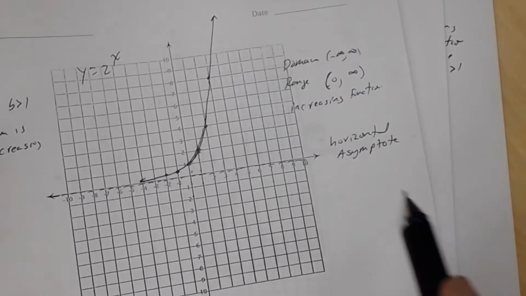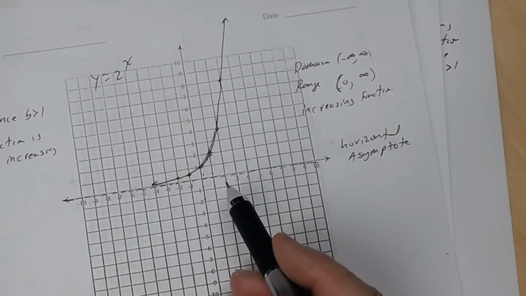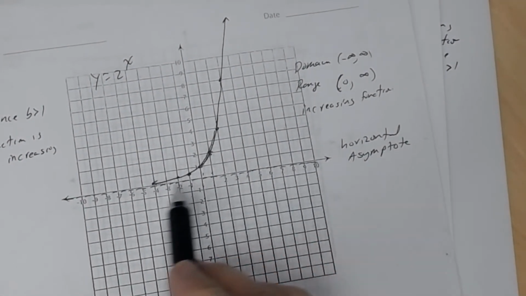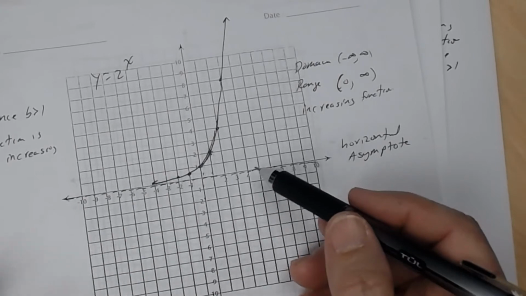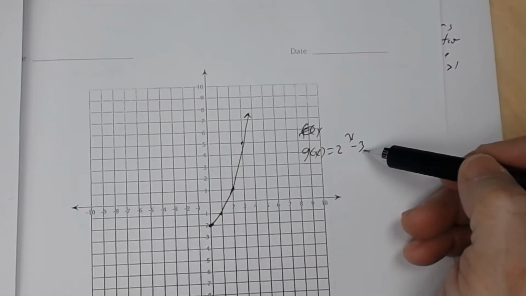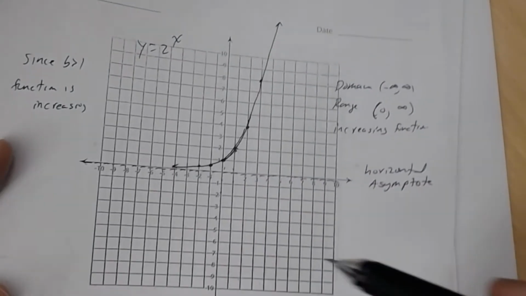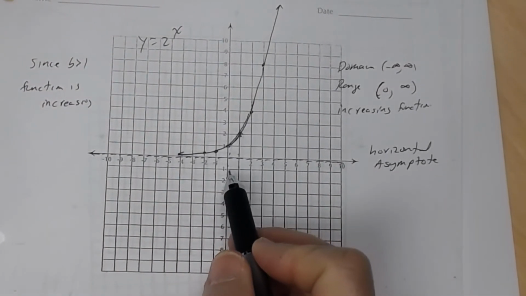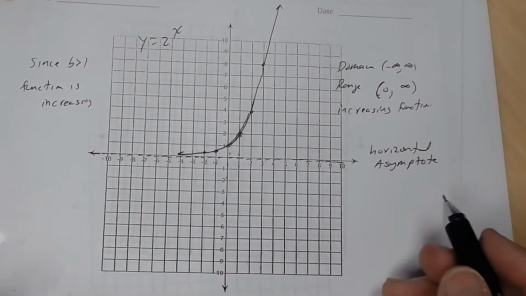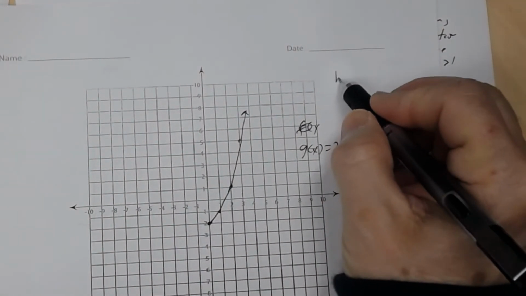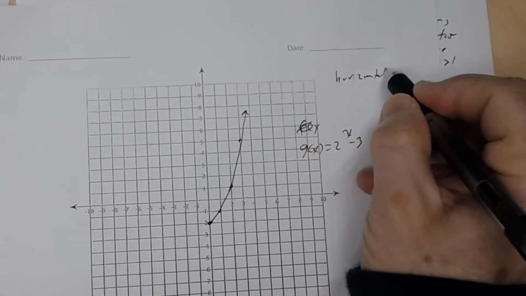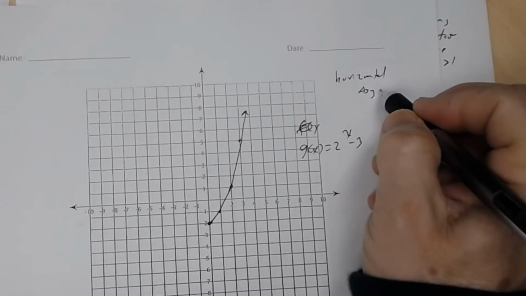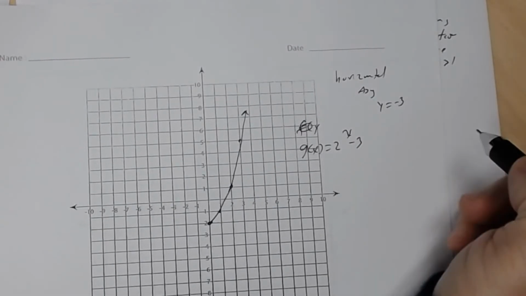Right here, we saw the horizontal asymptote was the x-axis. So this negative 3 shifts it down 3 units. So now, instead of here, it's going to be 1, 2, 3. So the horizontal asymptote is y equals negative 3.